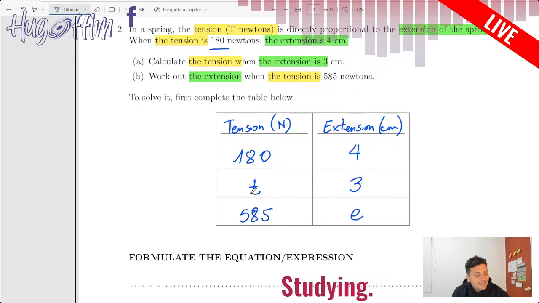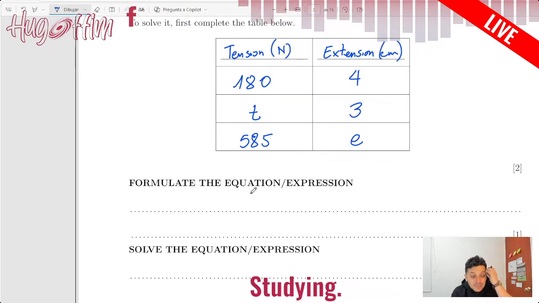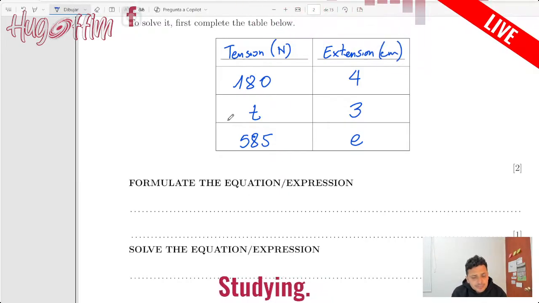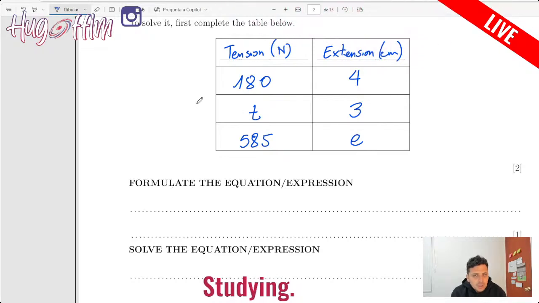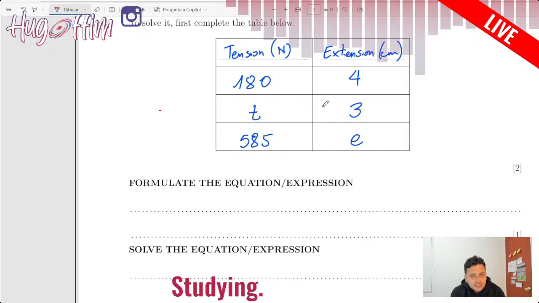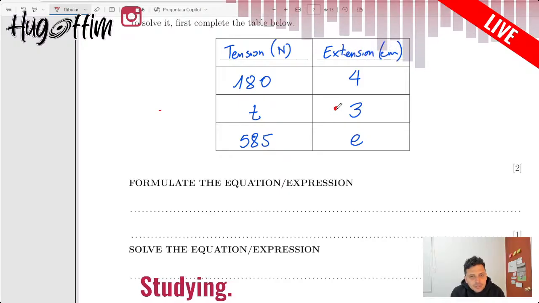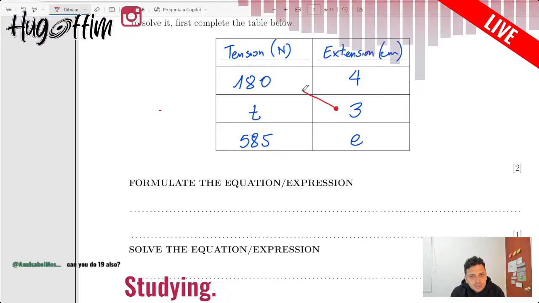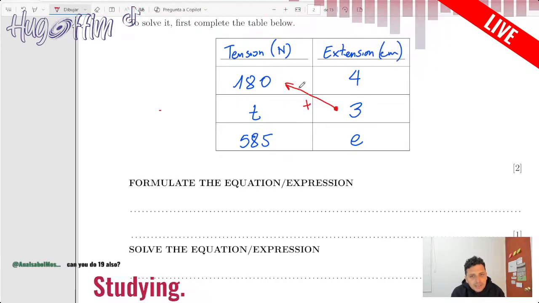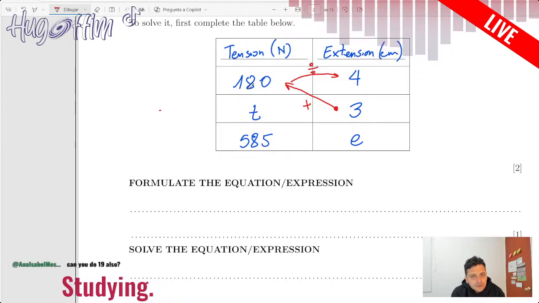Now I'm going to apply direct variation, or as you know it in Spanish, regla de tres. To do the direct variation, you have two options. The first option is that you take the opposite of the variable you want to find and multiply it by the variable that is above or below your variable, then divide the answer by the opposite of your line.